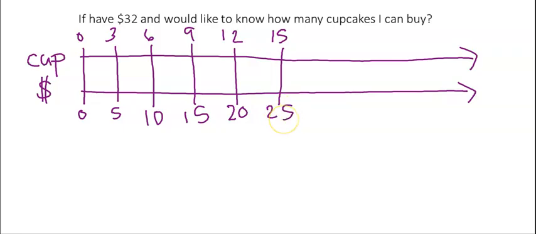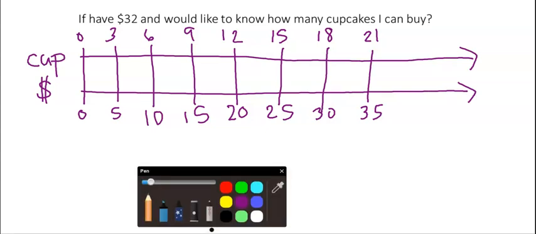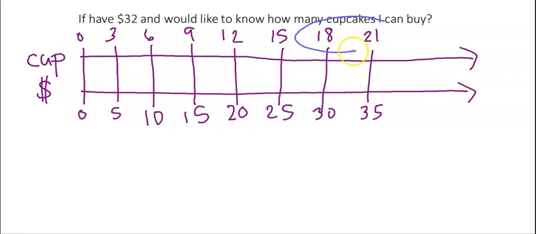And I'm getting closer. I'm at $25 down there on the bottom. And now I'm up to 30. So I know if I had $30, I could get 18 cupcakes. If I go another 3 cupcakes, this is where I'm going to look and I'm going to say, well, listen, I know it's going to be somewhere between 18 and 21 cupcakes that I could buy.